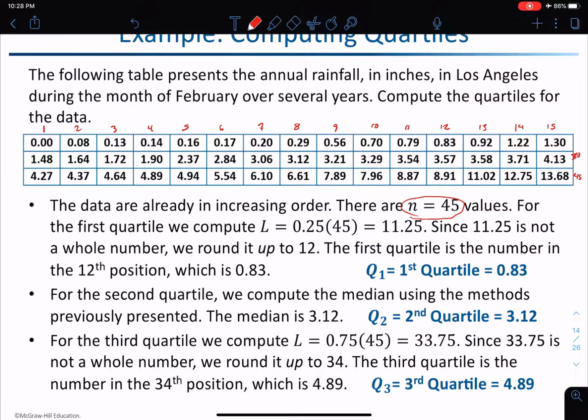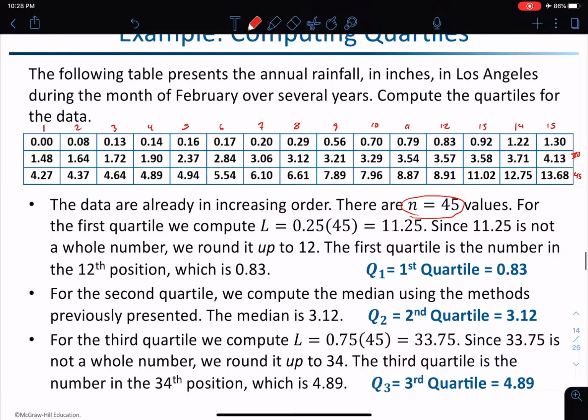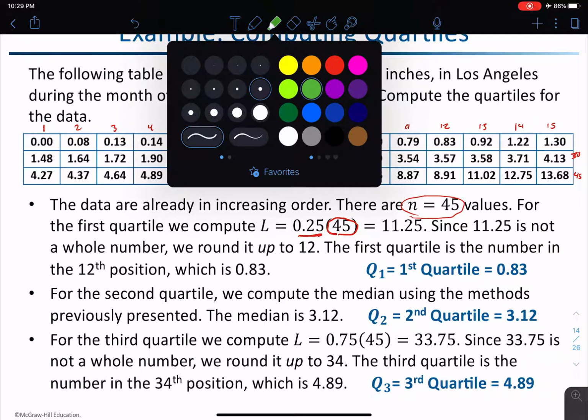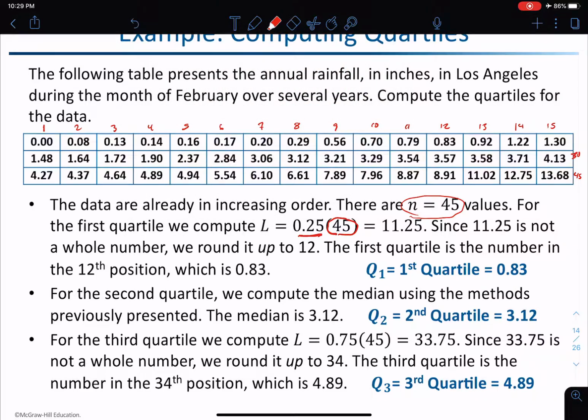For the first quartile, we compute n times 0.25, since it's the first quarter, right? That's 0.25 or 25 hundredths. Now notice what we get here: 11.25. There's leftover decimal, not a whole number.